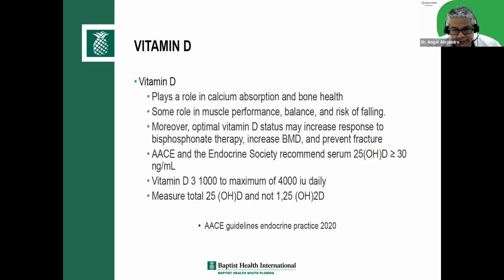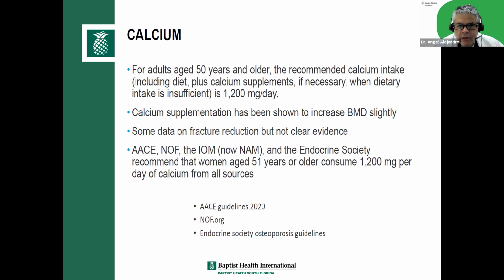I don't think anyone knows, but anything above 30 is sufficient. Remember, when you measure vitamin D, you don't want to measure 1,25 vitamin D. What you want to measure is just the 25-hydroxy vitamin D, and you want to see that vitamin D greater than 30.